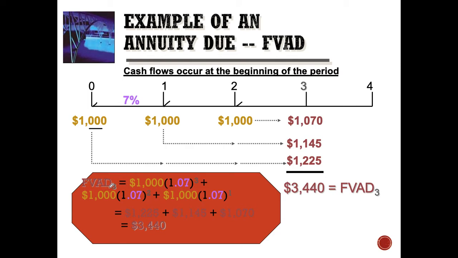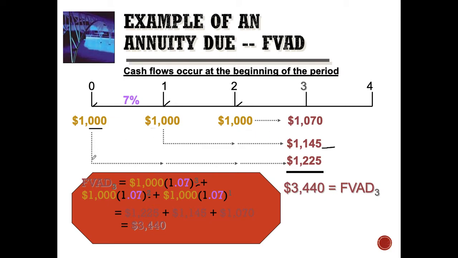Future value annuity due. This one, the future value here is 1000 multiplied by 1.07 to the power of 3, and this one is 1000 multiplied by 1.07 to the power of 2, and for this one 1000 multiplied by 1.07.